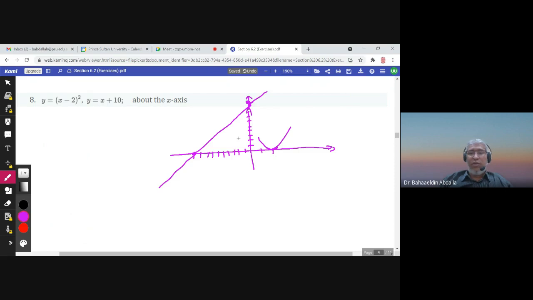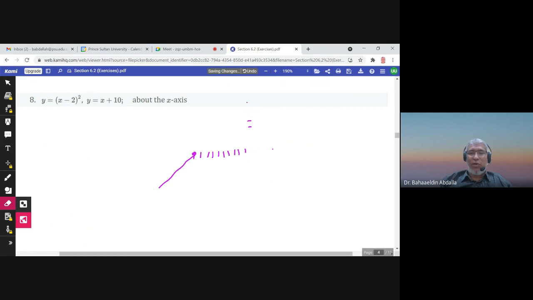All right. So there will be an intersection between the line and the parabola. I think I need to sketch the graph again because they will intersect up. So I need to increase my x and y units.